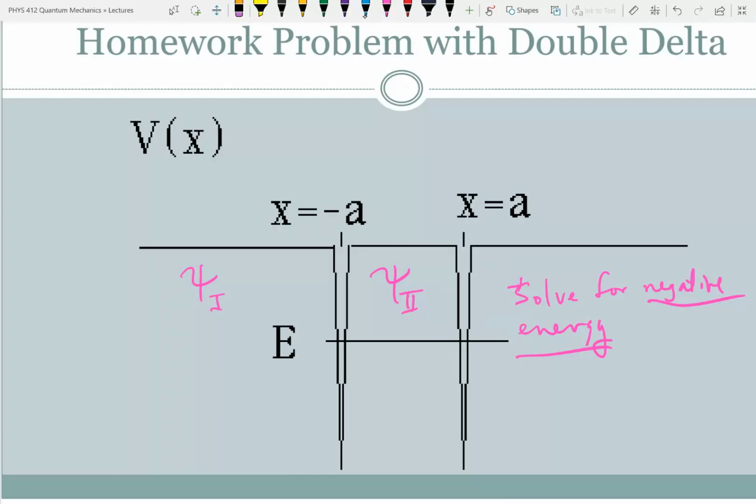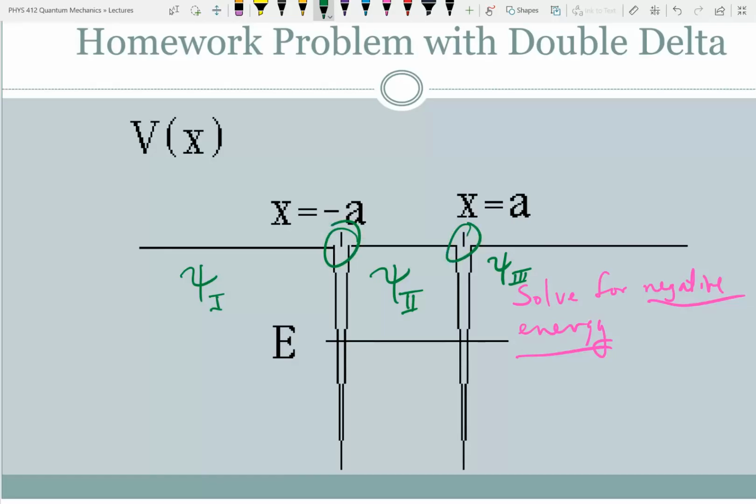Okay, my color choice failed me. So you're going to find three solutions, and then you're going to apply boundary conditions at each boundary.